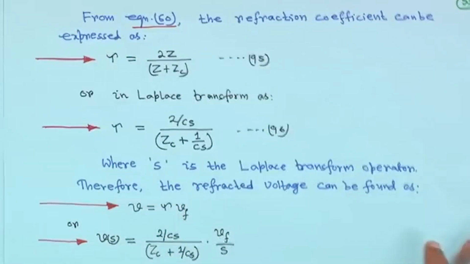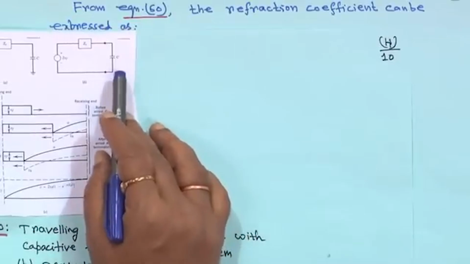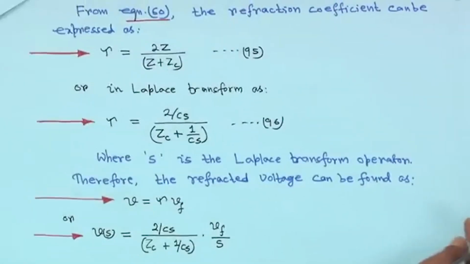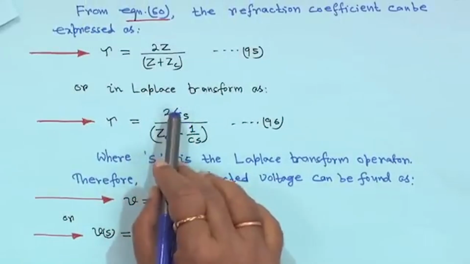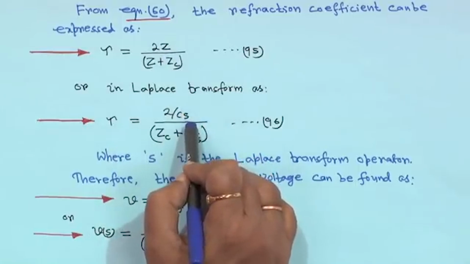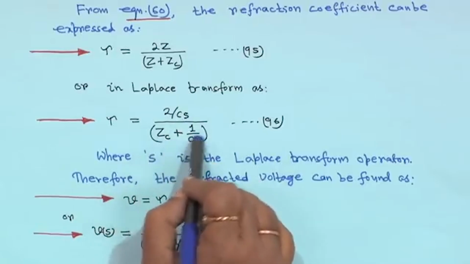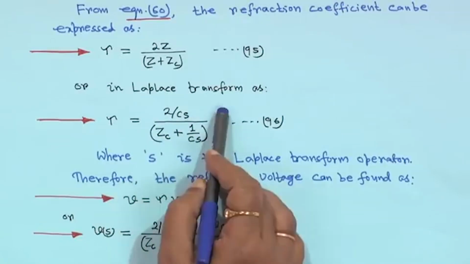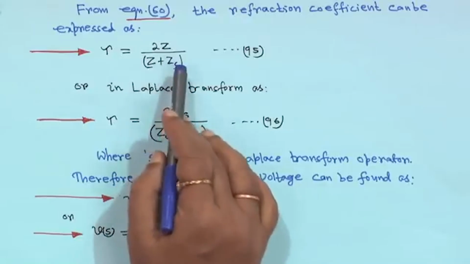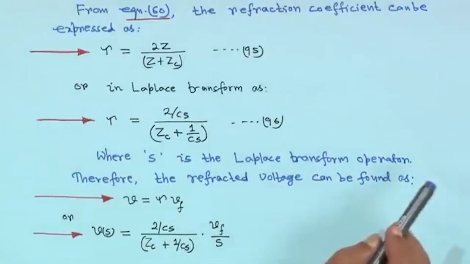If you take the Laplace transform, because it is a capacitor, you use 1 upon Sc in place of Z, where S is the Laplace transform operator. So, 2 upon Cs divided by Zc plus 1 upon Cs.